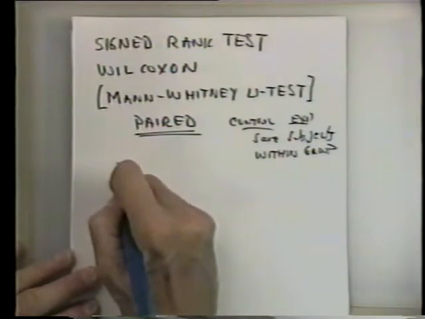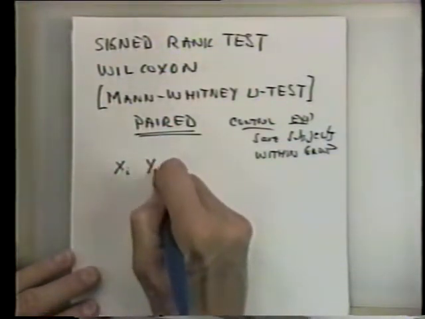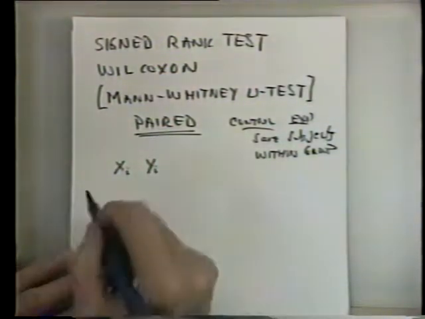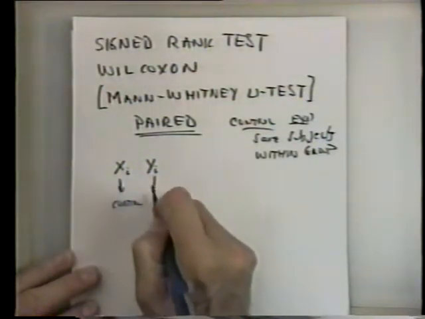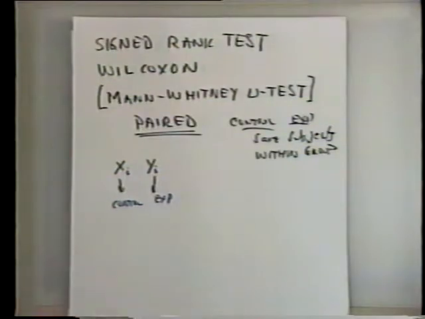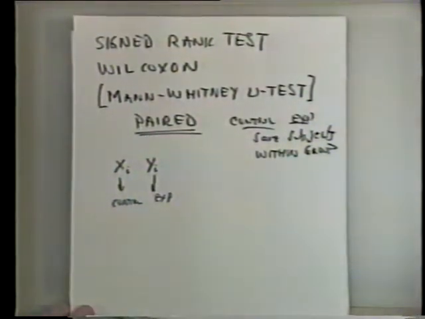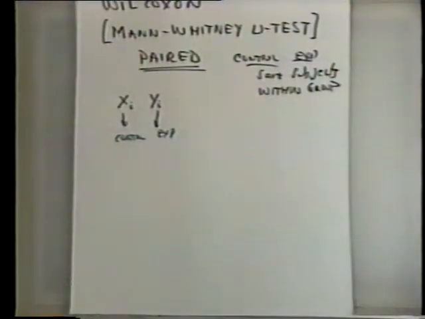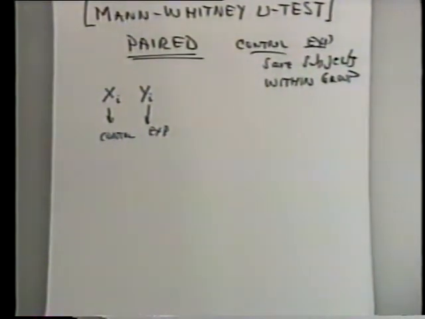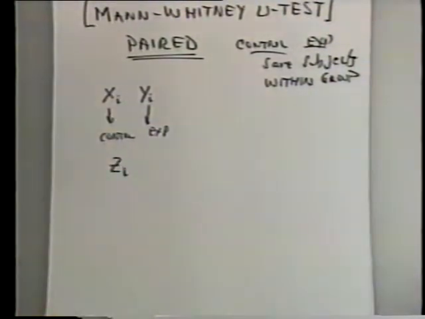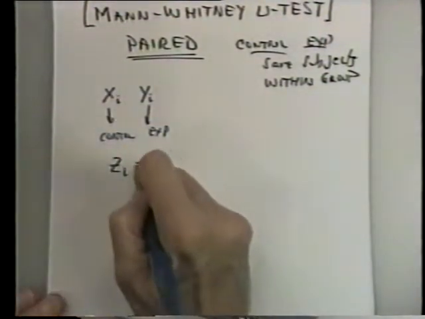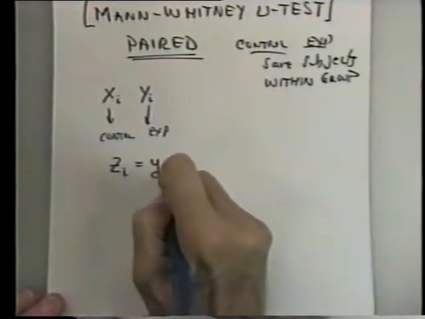So in this test, the way I'm going to describe it is if we have two sets of data, xi and yi. These I've been calling so far control and experiment, but we'll now call them x and y. And what we're going to look at in this test, and I'll describe it symbolically first and then give an example, is the statistic z, which is not the z from before, which is the difference between y and x.